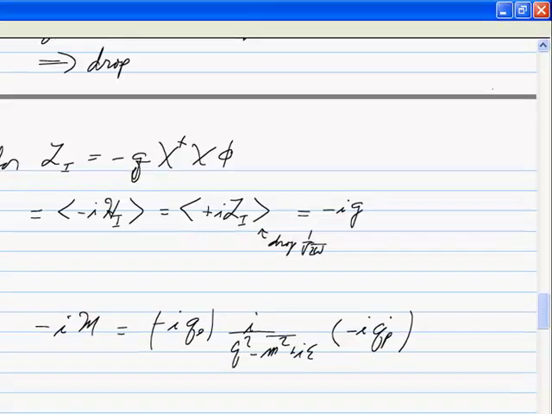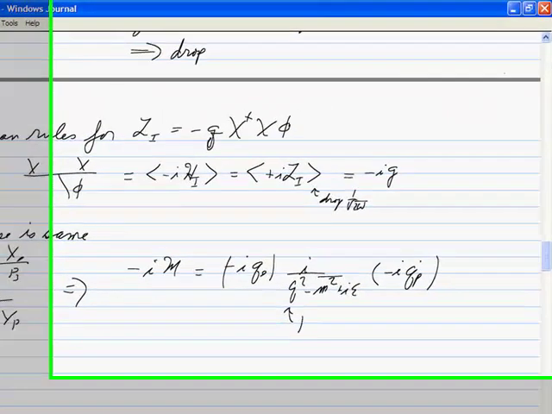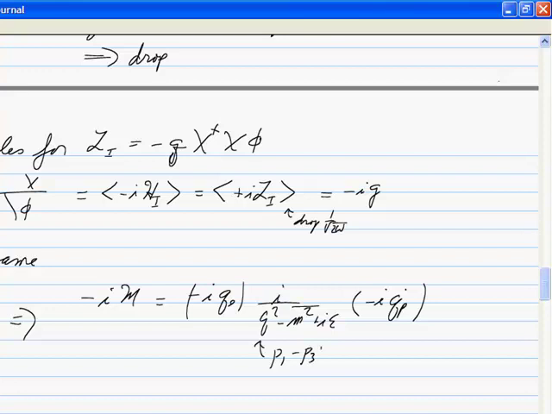And Q was determined by momentum conservation of the P1, P3. Then Q was P1 minus P3. So Q squared was that. Okay, so everything else is the same.